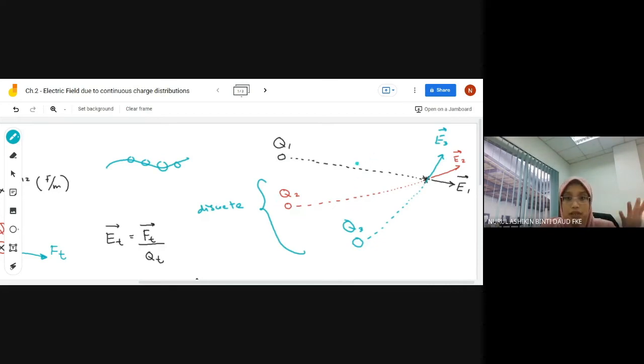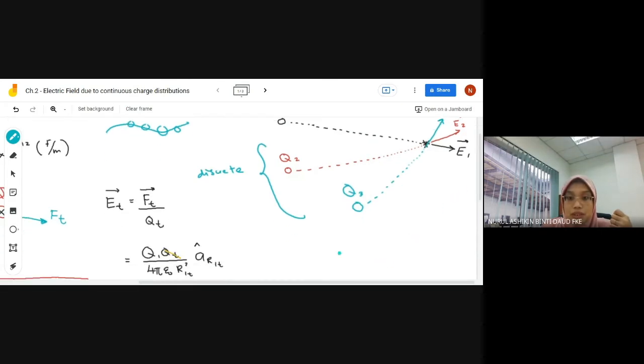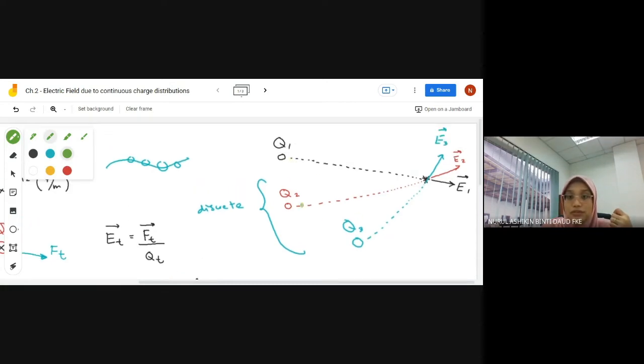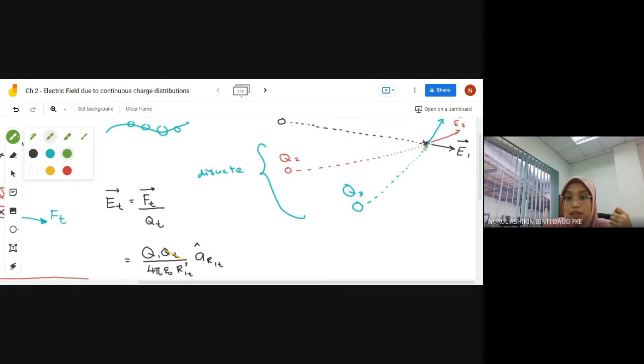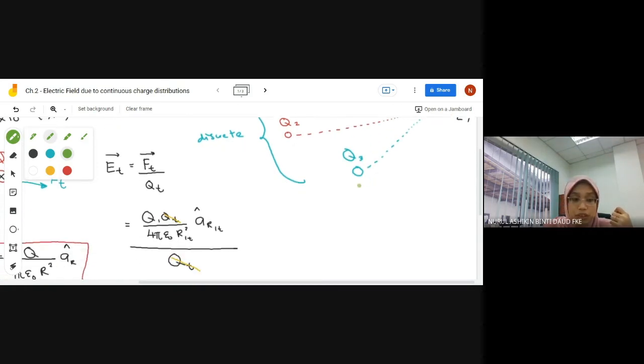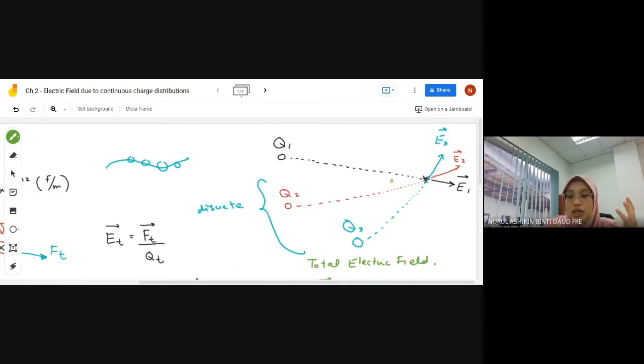So mathematically, in order for us to find the total electric field of these different discrete point charges at this particular location, the total electric field is, I think all of you know how to find it, E1 plus E2 plus E3, right?